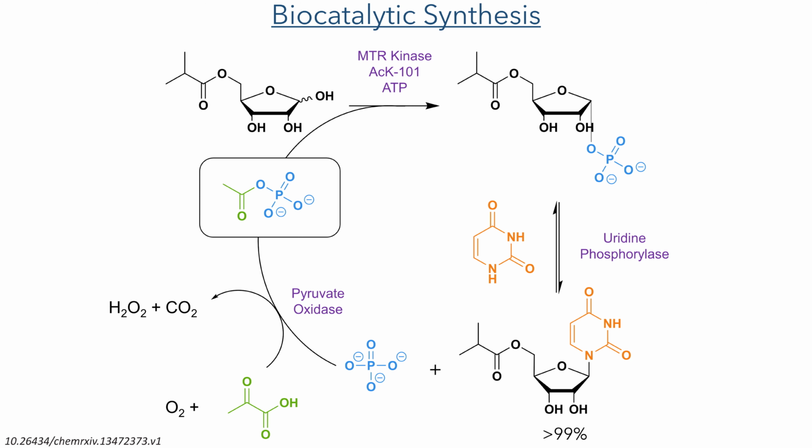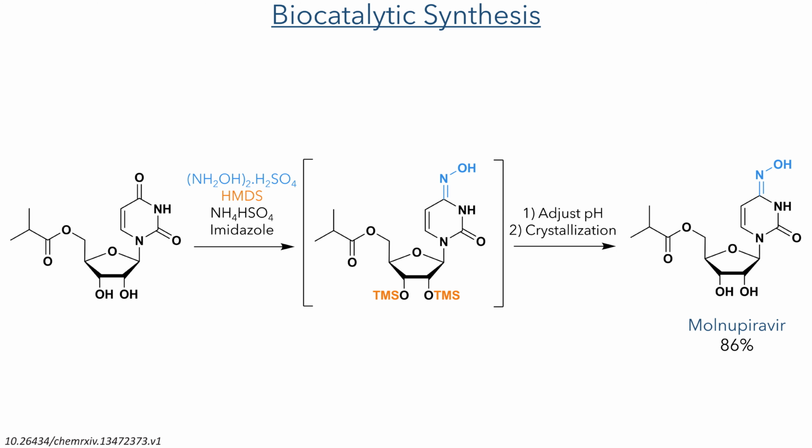This reacts with pyruvic acid under the action of pyruvate oxidase to produce acetyl phosphate, which goes on to form the ATP necessary for the MTR reaction, and the catalytic cycle can begin again. To install the hydroxylamine group, the compound was reacted with hydroxylamine in sulfuric acid, with hexamethyldisilazane, ammonium hydrogen sulfate, and catalytic imidazole.